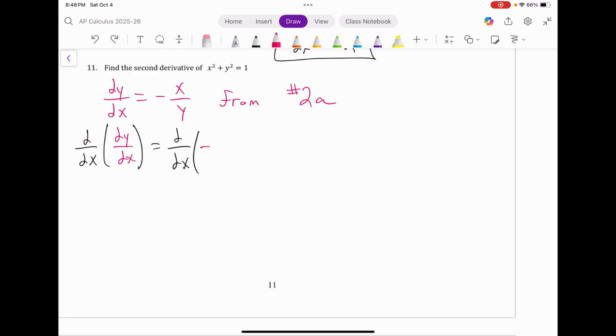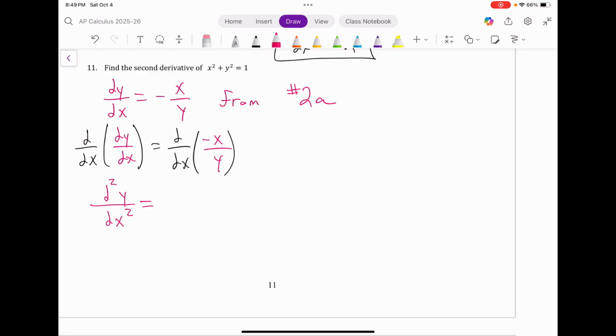We'll move that negative to the numerator. All right, so what do we get? Okay, so the notation we have, the second derivative of y with respect to x twice. So how do we take the derivative of negative x over y? Well, that is the quotient rule, right?